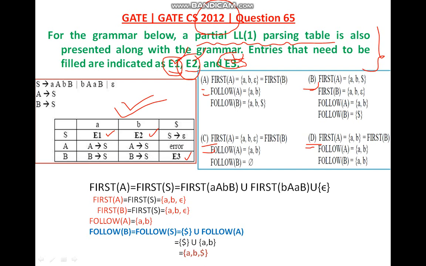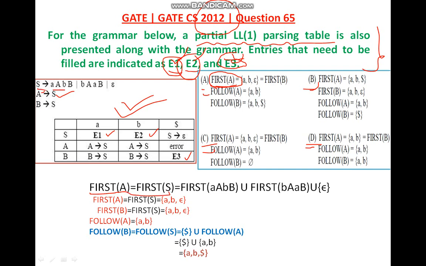First of all, we will start with checking first of A. You can see here first of A equals first of S from this production rule. And what is first of S?